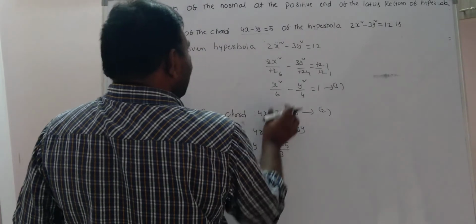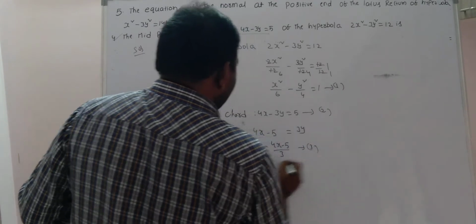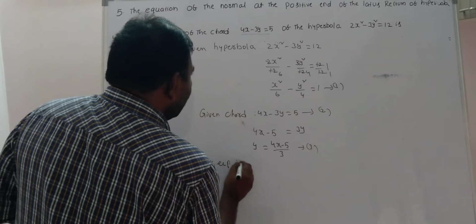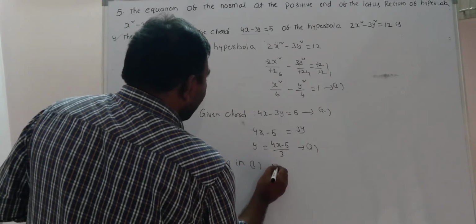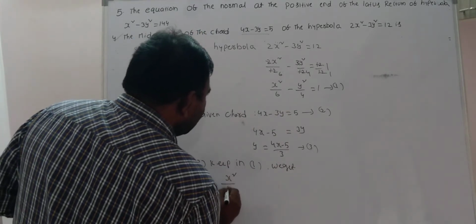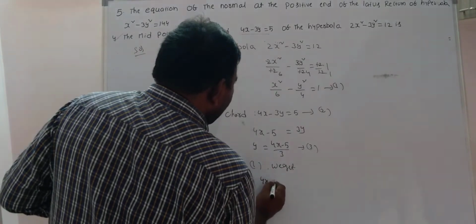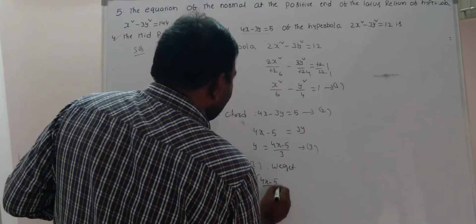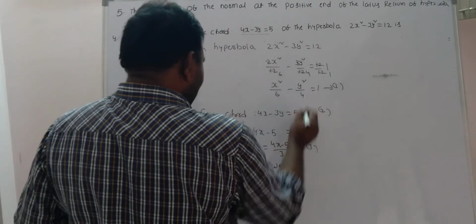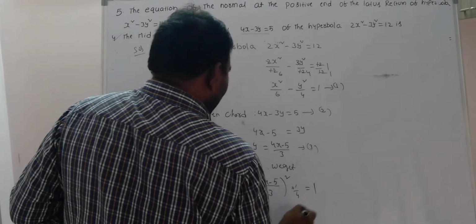This value we keep in the given hyperbola. Take this as equation 3. Substituting in equation 1, we get x square by 6 minus y square by 4, where y is 4x minus 5 by 3 whole square, into 1 by 4, is equal to 1.